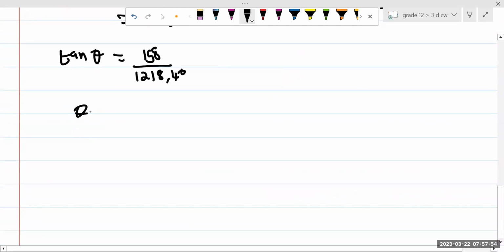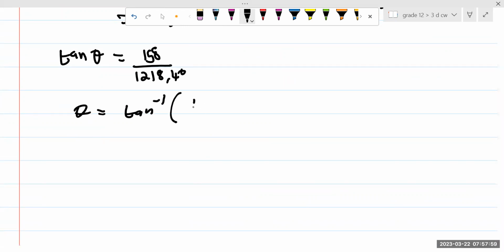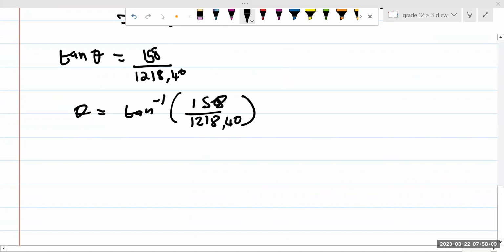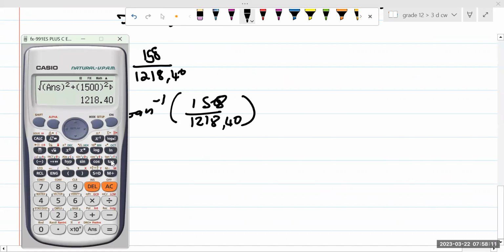Then you can simply say theta is going to be equal to the tan inverse of 158 all over 1,218.40. Now on my calculator, look at how I'm going to type this to make things simple.